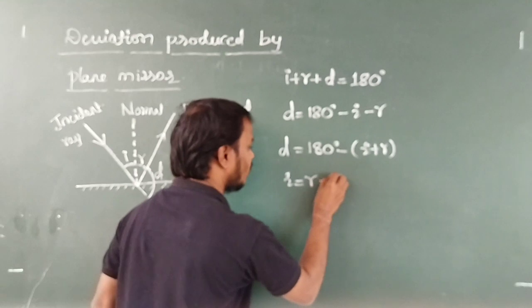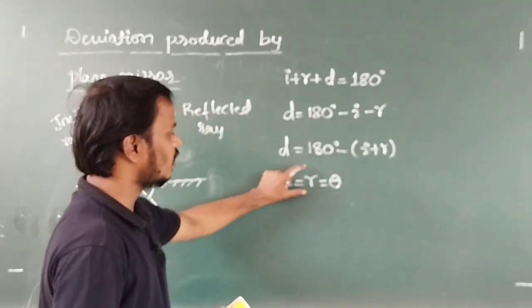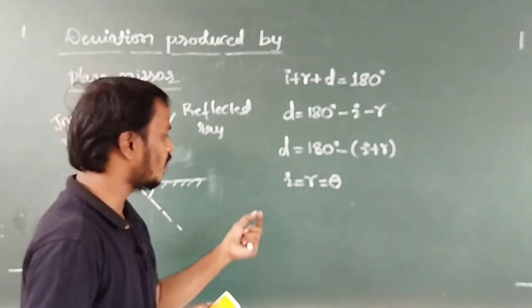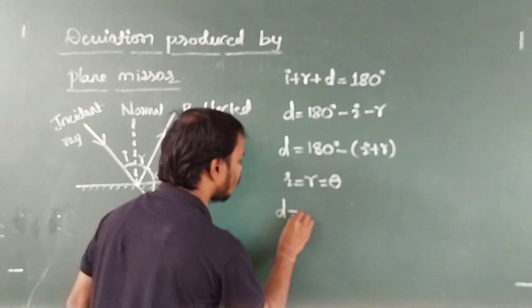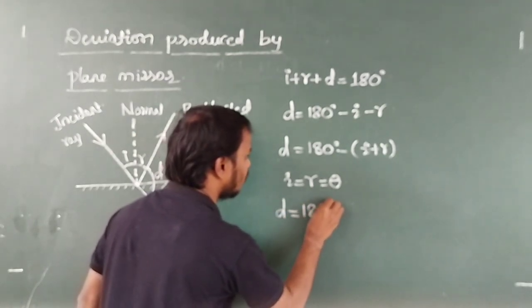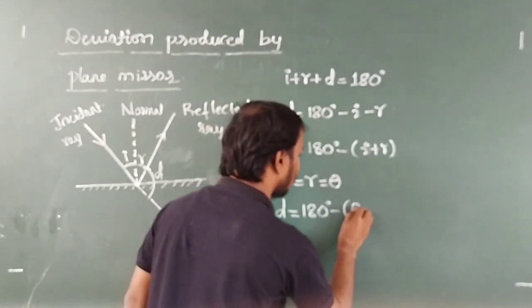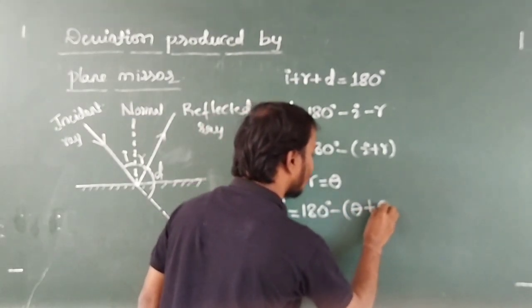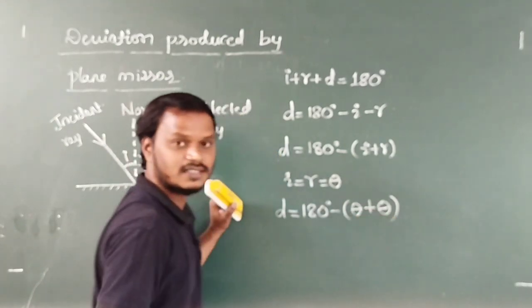In general I will take theta. If i is 30 degrees, then r is also 30 degrees, right? That is why in general I will take theta. Then d is equal to 180 minus, wherever i is there I will put theta, and r can be replaced by theta because i and r are both equal. Then theta plus theta, that is 2 theta.